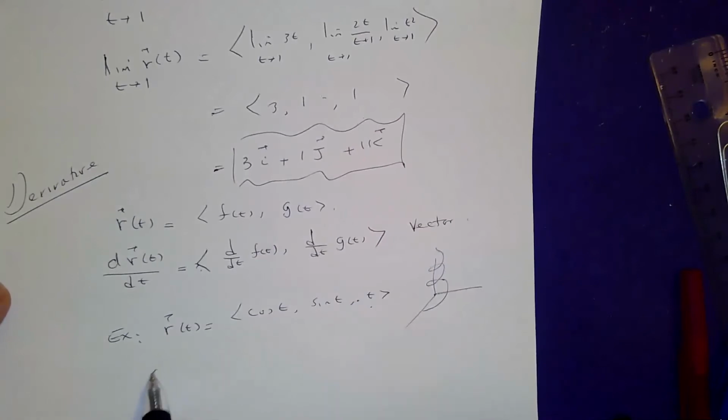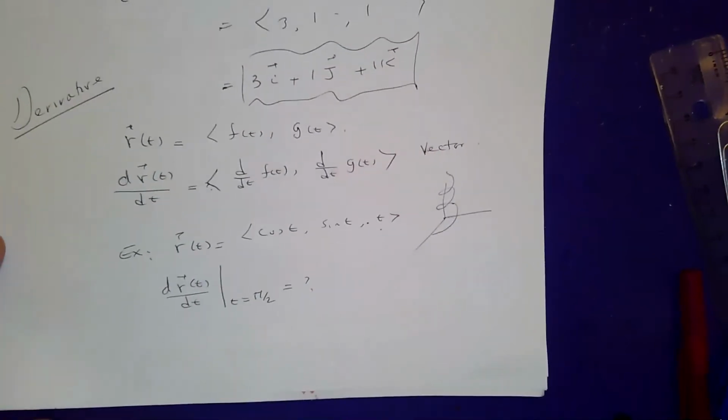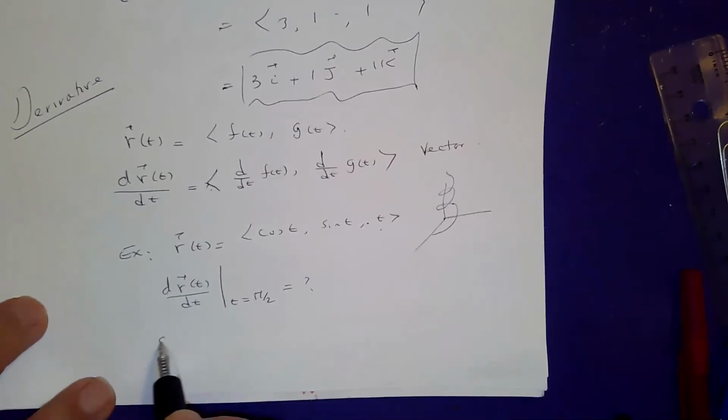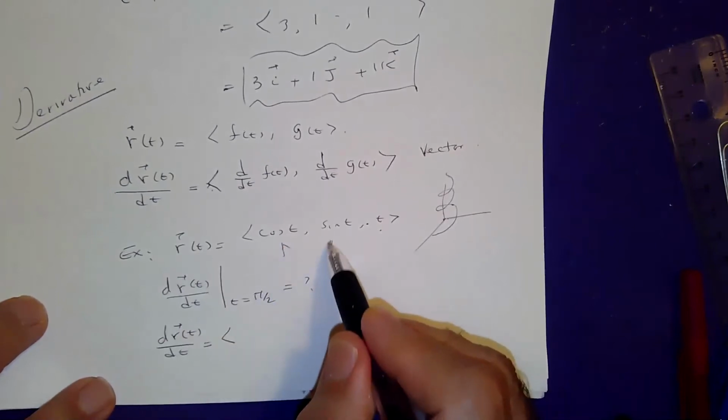Question: what is the derivative of r with respect to t evaluated at t equal to pi over 2? Okay. As you guessed, first let me take the derivative of the vector valued function, which is just the derivative of each component.